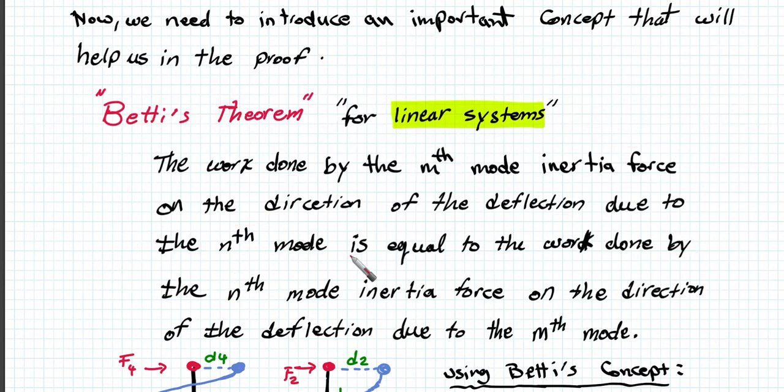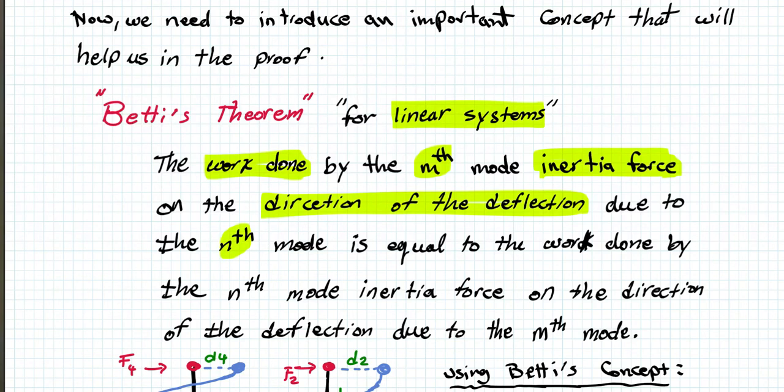I want you to highlight these things. We are talking about work done. We're talking about inertia force for the mth mode, right? And then we mentioned something in the direction of deflection of another mode called the nth mode. So we have two parts now.